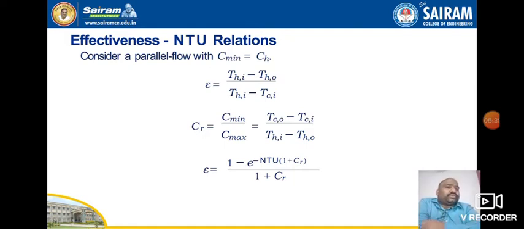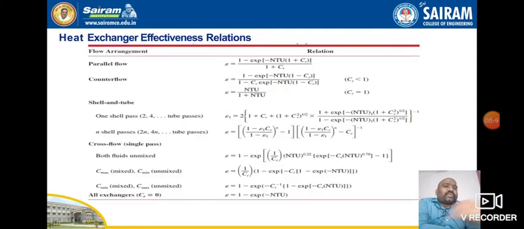Depending upon the problem, you can choose the formula and get the solutions. Here are some of the formula relations I have put over here, just to observe parallel flow and counterflow. All formulas are in the heat transfer data handbook, just to refer to.